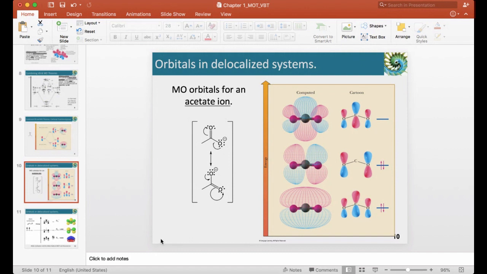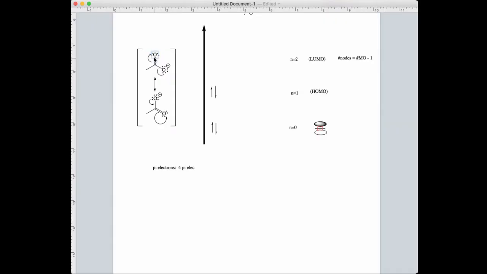So let's try to make the molecular orbital. So here is the acetate ion. As I said, if we're going to build the molecular orbitals for the acetate ion, the first thing to understand is how many atomic orbitals are we combining? And we are only focusing on pi bonds, pi electrons.